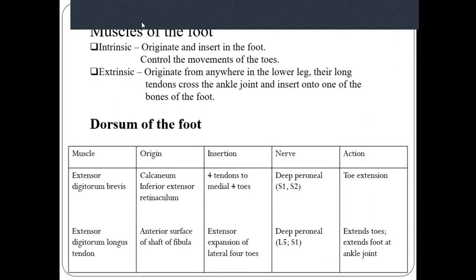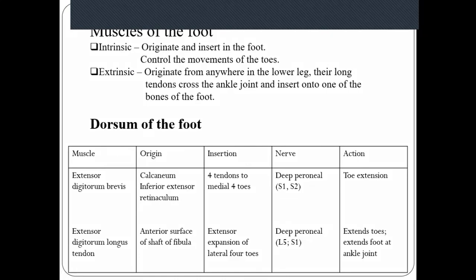So the next thing we need to know is the muscles of the foot. We can broadly categorize muscles of the foot into intrinsic muscles and extrinsic muscles. Intrinsic muscles are the ones which originate and insert in the foot.